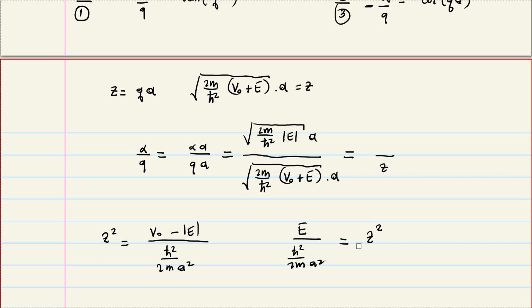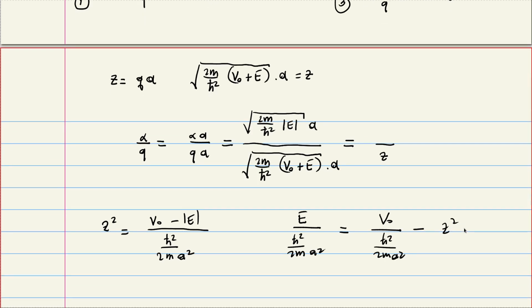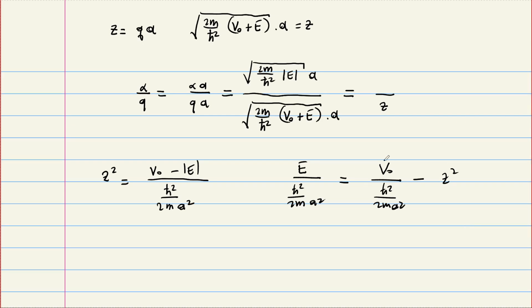I think let me write it like this. So this is v naught divided by h bar squared over 2m a squared minus z squared. And here I want to call this object z naught, z naught squared. Okay. Now I think this thing makes sense.